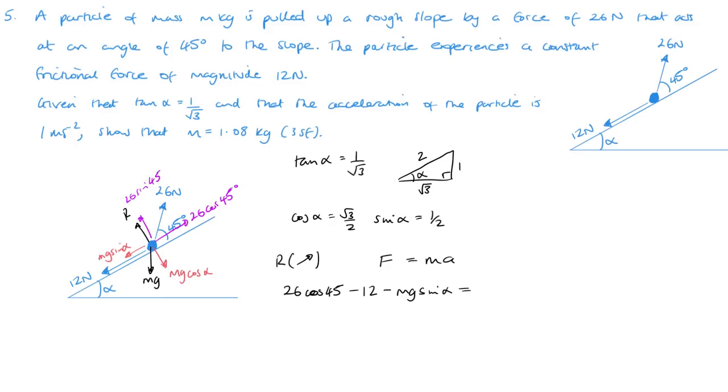And then we have m times 1. So 26 cos 45 gives me 13 root 2 minus 12 minus mg, and then sine alpha is 1/2.